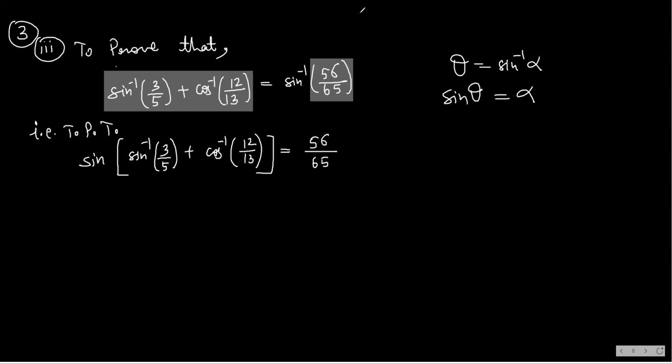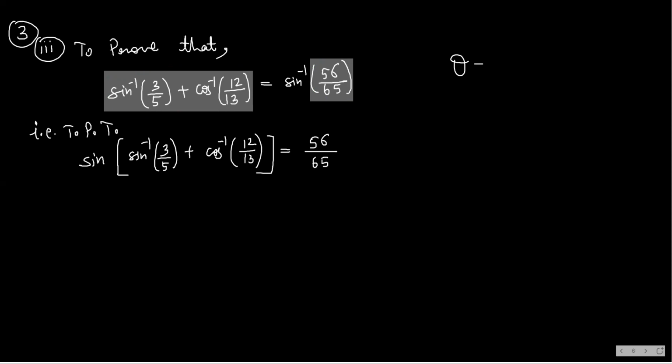So this whole thing is theta, right? And here I have sine inverse of alpha. So if theta is sine inverse of alpha, alpha is equal to sine of theta. So this sine is written here, okay? Very simple. So what was I asked to prove?